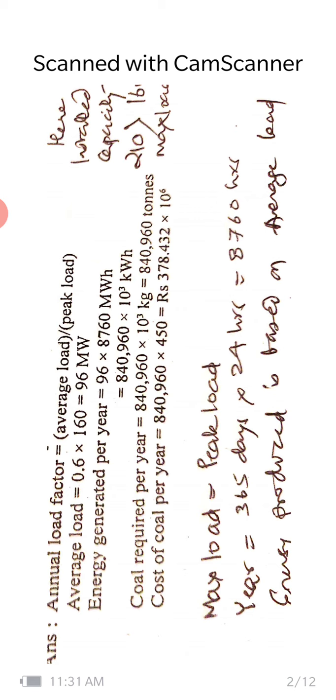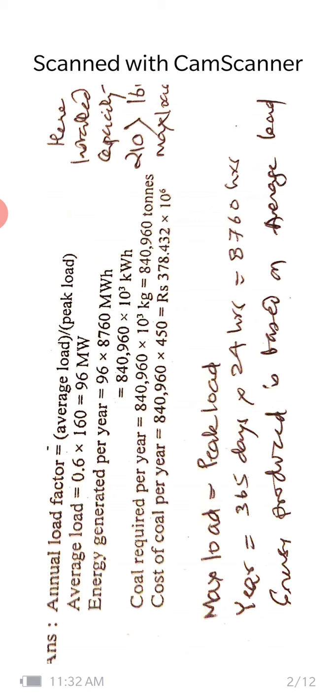Please understand, 1 megawatt is equal to 1000 kilowatt and 1 megawatt hour is equal to 1000 kilowatt hour. Now, when we sell the electricity, it is sold in units, kilowatt hour. 1 kilowatt hour is equal to 1 unit. So 1000 kilowatt, megawatt, we converted to 10 raised to 3 kilowatt hour. That is 8,40,960 into 10 raised to 3 kilowatt hour or units.